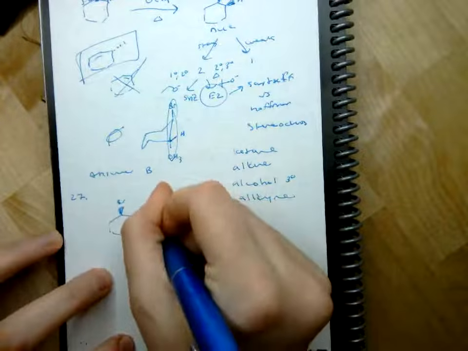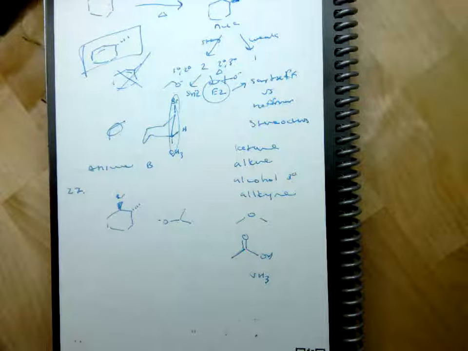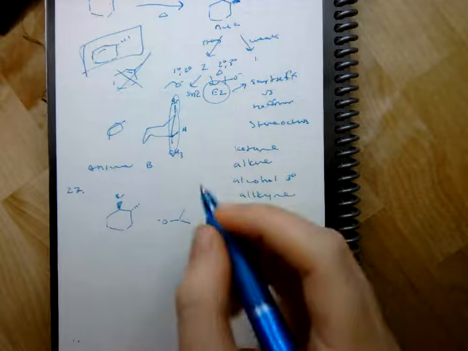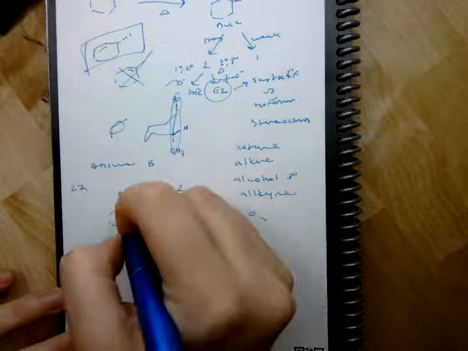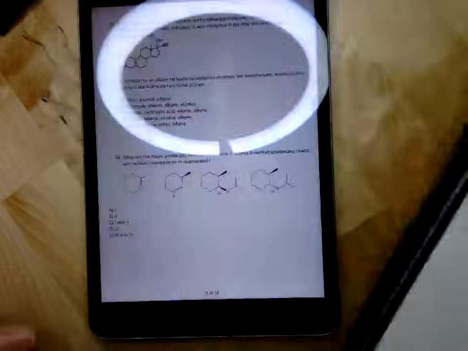Reacts with sodium isopropoxide. So I see a good leaving group on a strong nucleophile. The isopropanol is probably just the solvent. So I think when I look at this, it's going to favor 2. There's no heat, but this is relatively bulky, so I'm actually going to think it's going to favor E2.